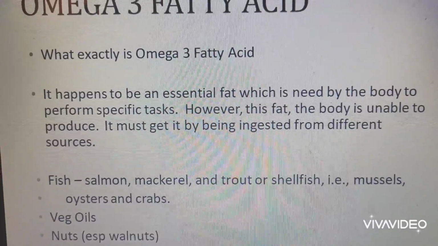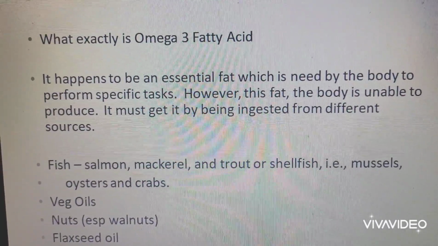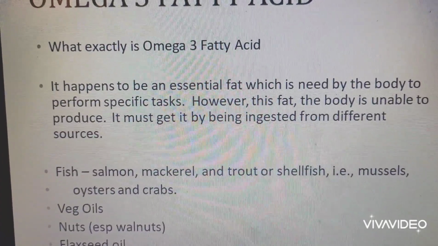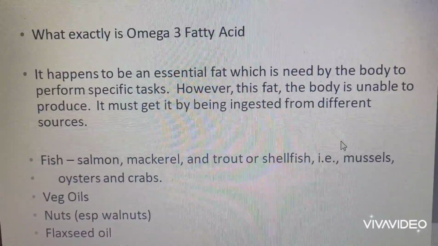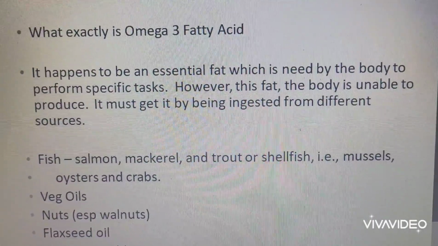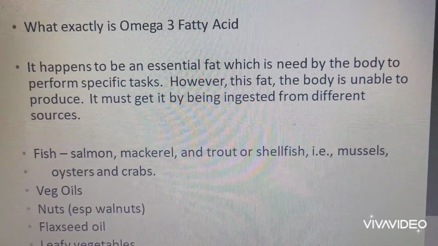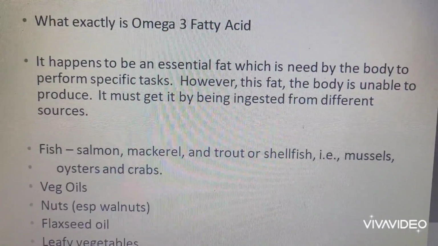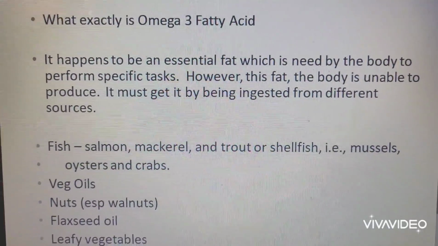Okay, it happens to be an essential fat, which I should say is needed, not is need, but is needed by the body to perform specific tasks. However, this fat the body is unable to produce on its own. It must get it by being ingested from different sources.